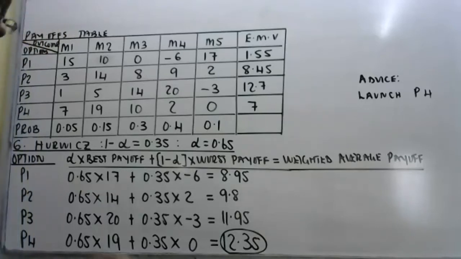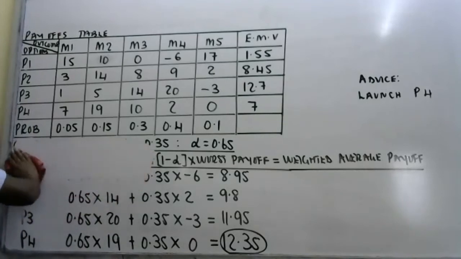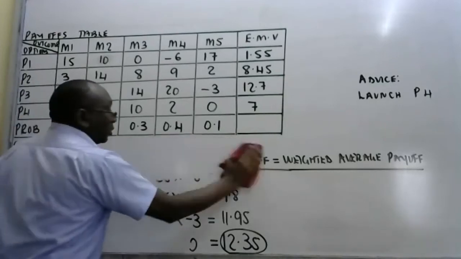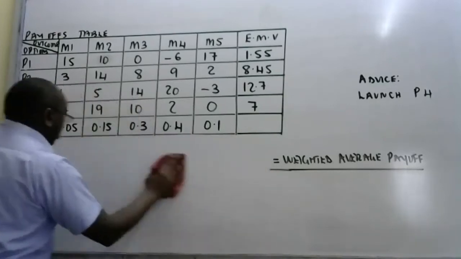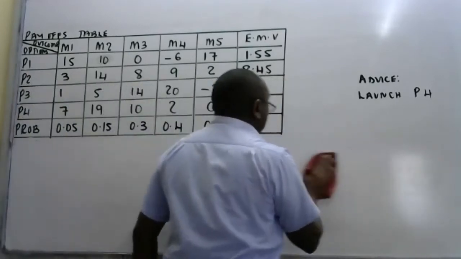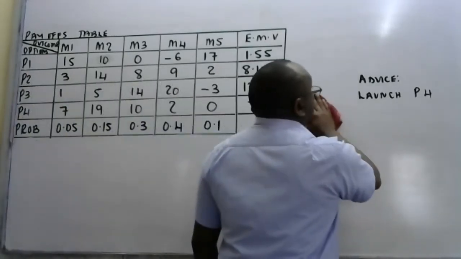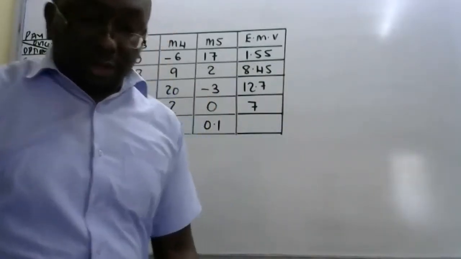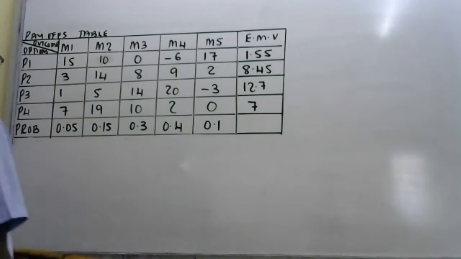So I want now to go to the next rule. That is number 7. That rule requires that we create another table.